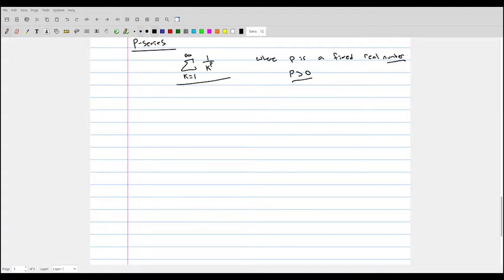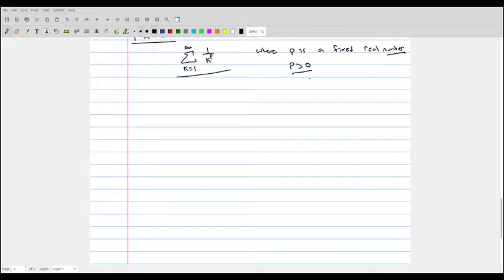Because if it's a negative real number, we can very clearly see that you'll be summing something that gets very, very large very fast, so it will definitely diverge. A good example of a P series is to take P equals 2.